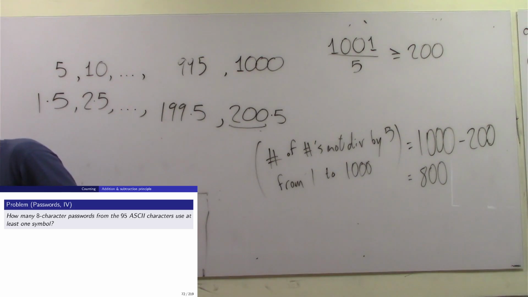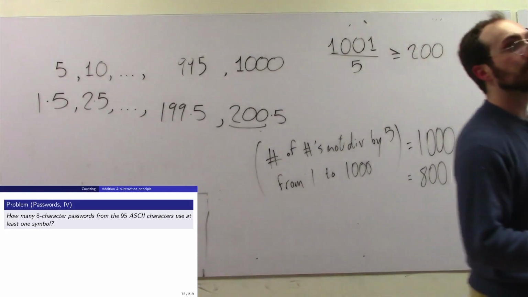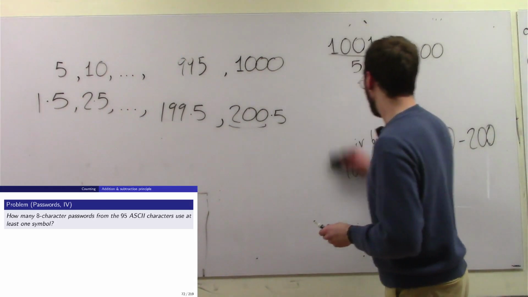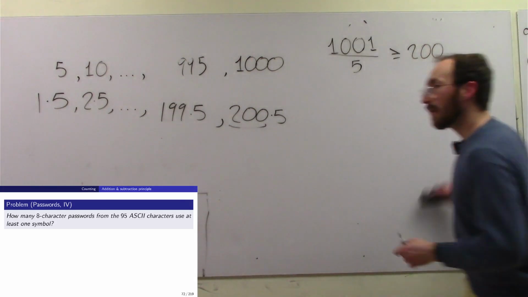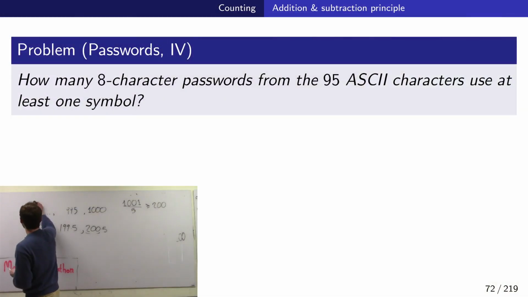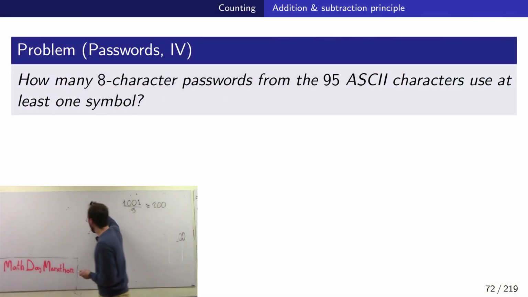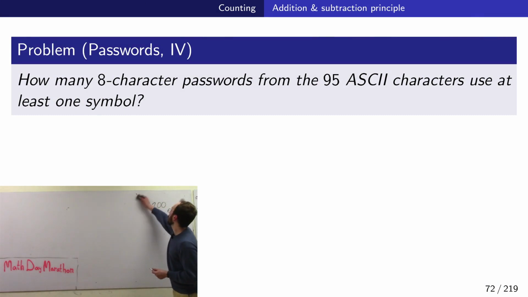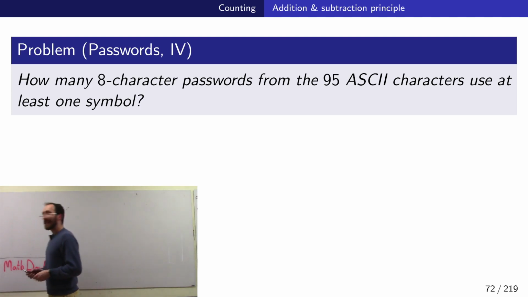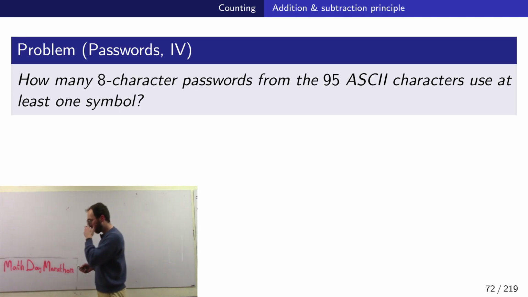Okay. Now let's look at this. And again, I like to emphasize the flavor of these problems. I should make it bigger so we can actually read it. There we go. So this next problem, we're talking about ASCII passwords again. Now we're asking how many 8-character passwords use at least one symbol.